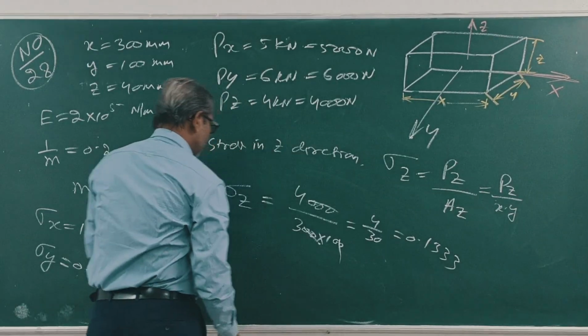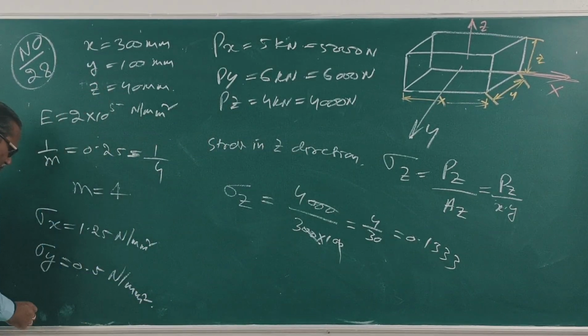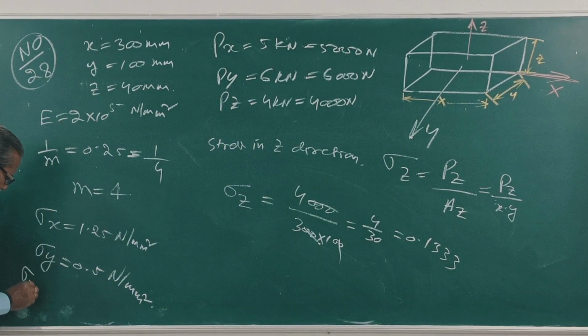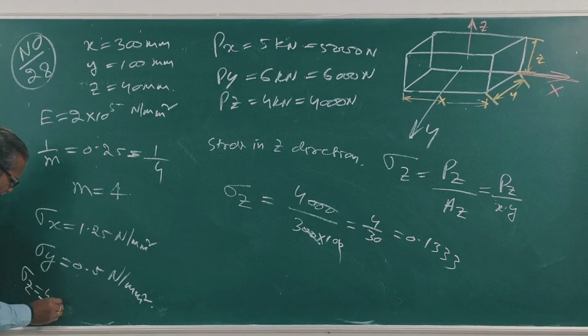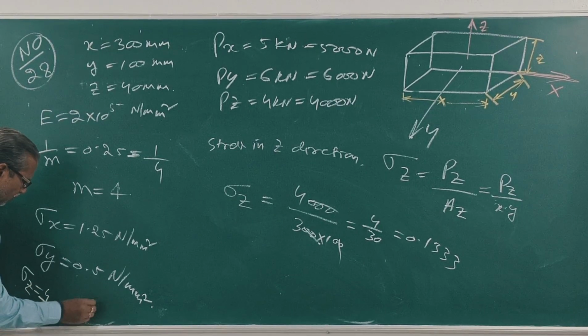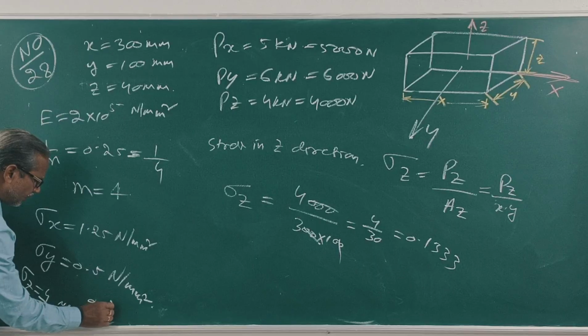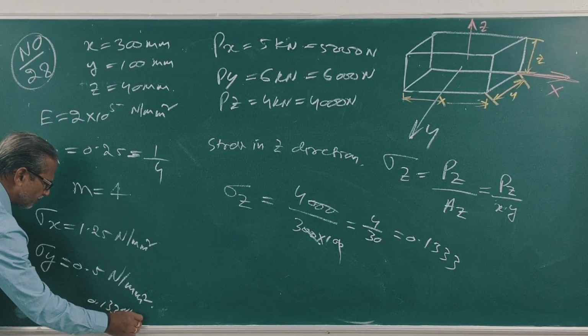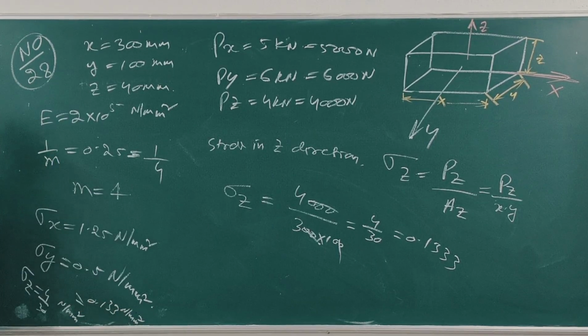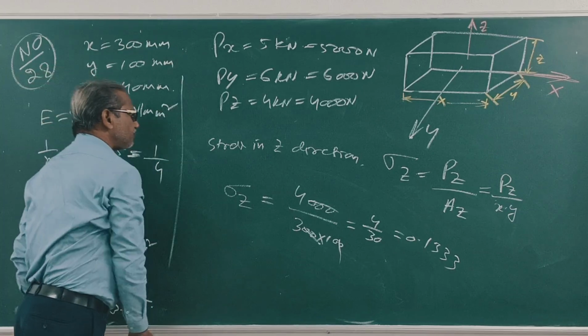Clear? So sigma z is equal to 4 by 30 Newton per mm square or 0.133 Newton per mm square. Clear?